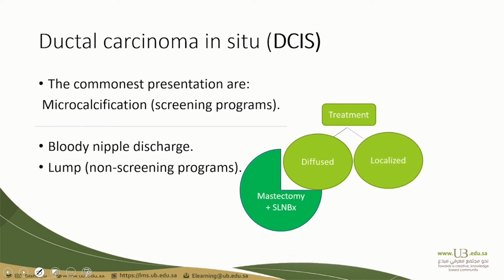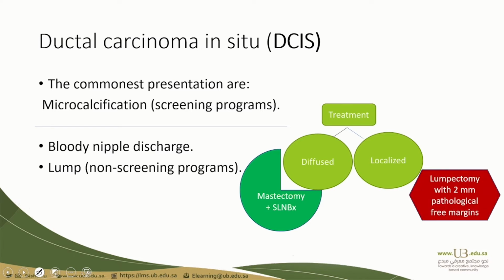In cases of localized disease, I have to do lumpectomy with 2 millimeter pathological free margins. So intraoperatively, I have to keep 1 centimeter macroscopic margin by my finger just to avoid any positive margin after lumpectomy. After that, all of those patients will go for radiation.